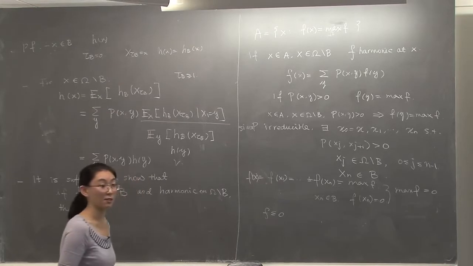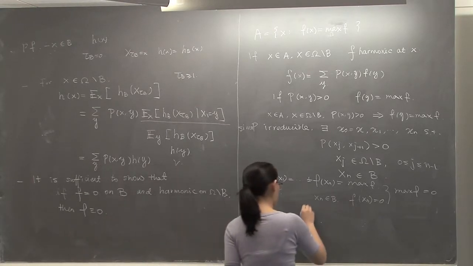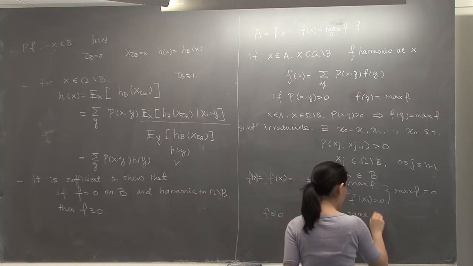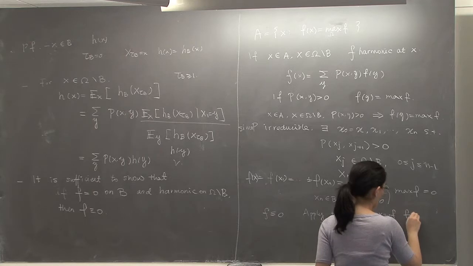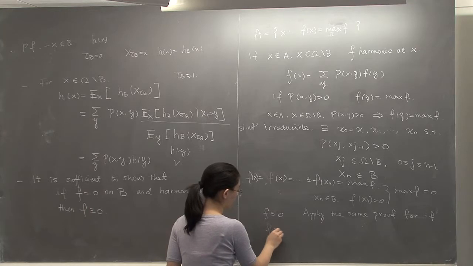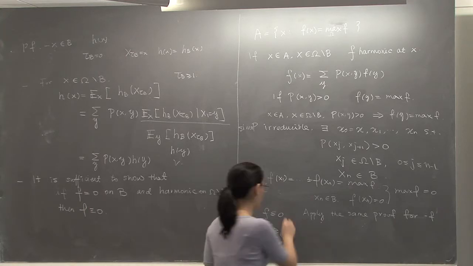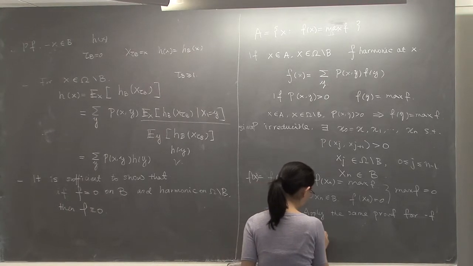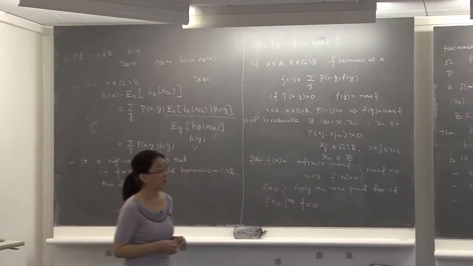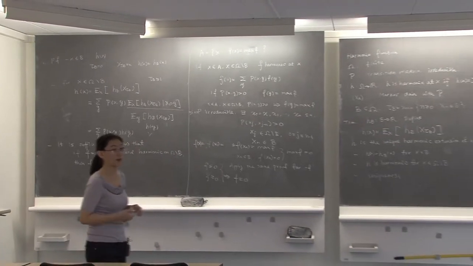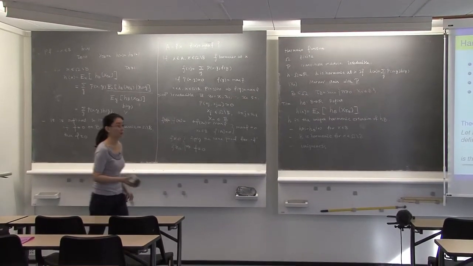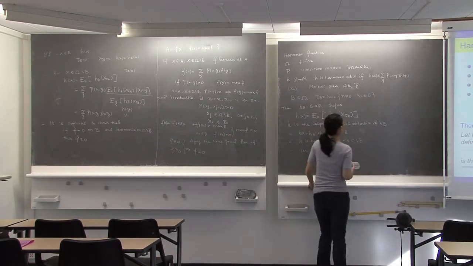Then we apply the same proof for minus f, and we can also show that f has to be positive everywhere. Combining these two, f is constantly 0 everywhere. So this shows that a harmonic function is uniquely determined by its boundary value. Okay.